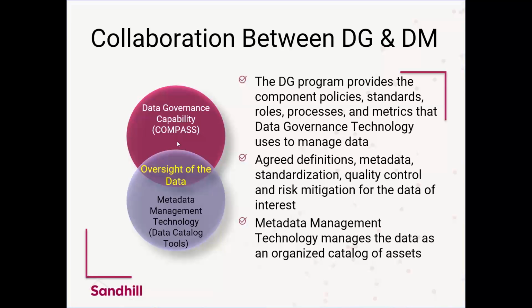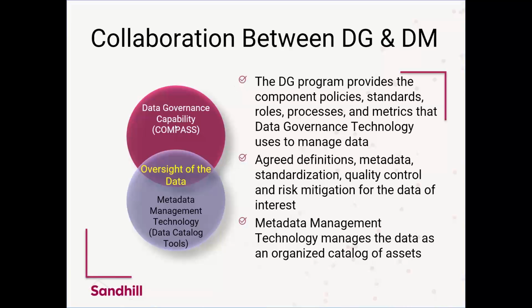The point of overlap between these two is that what Compass provides you with is the oversight that we are going to be providing to you when you are harvesting your metadata assets. Your data governance authorities will define what the business terms are, what information you want to collect for your data catalog, and what attributes you want to collect. You might be interested in sensitive personal information, or there might be ownership issues and sharing issues, and you can flag those up and say, yes, this is what we want to know.